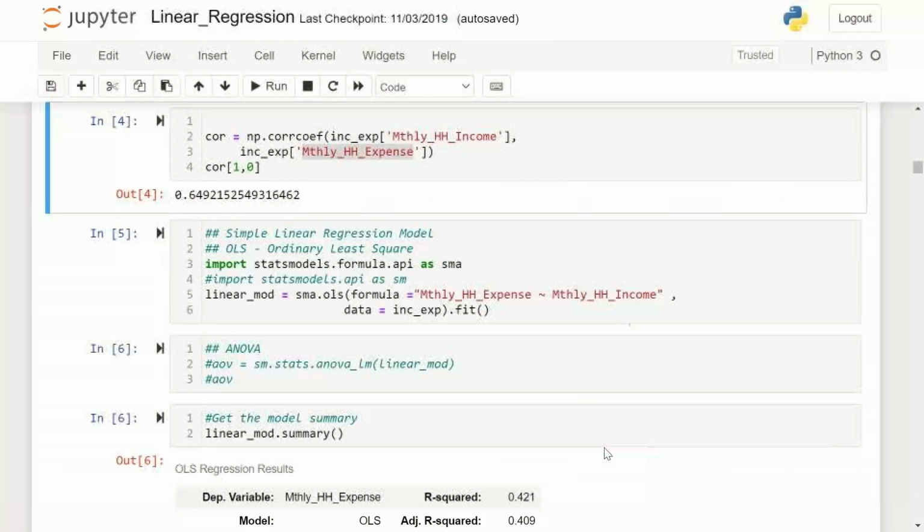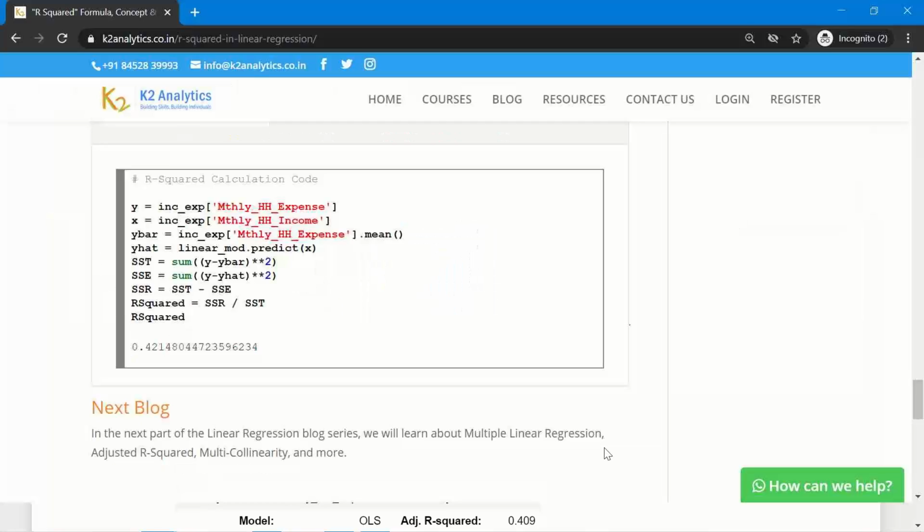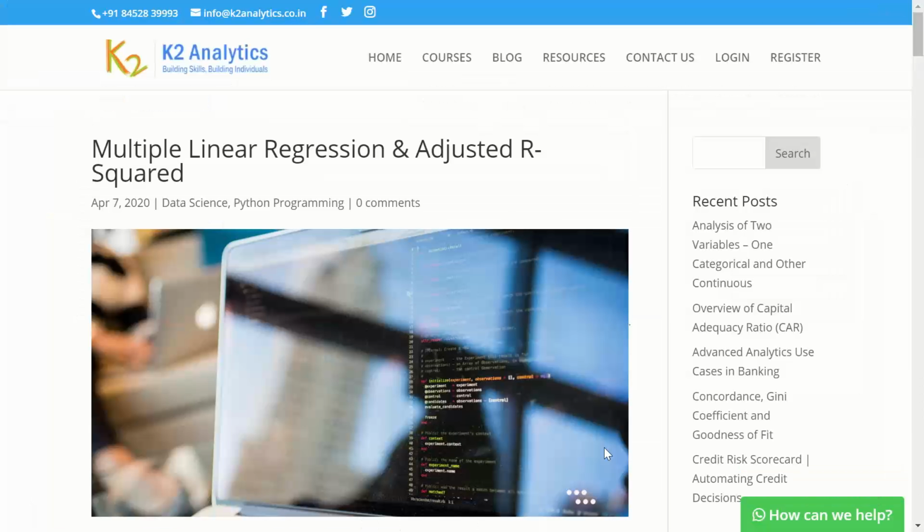Okay, I've completed this part also. Now I can move on to my next topic, which is multiple linear regression and adjusted R squared.